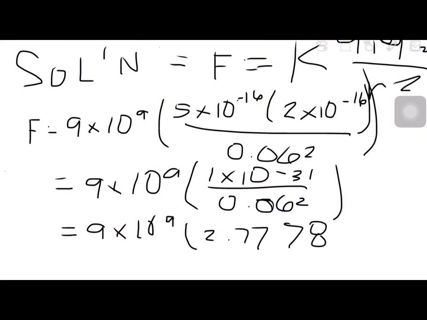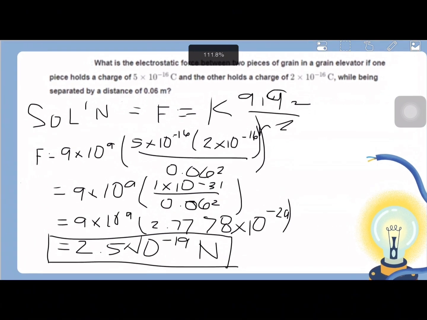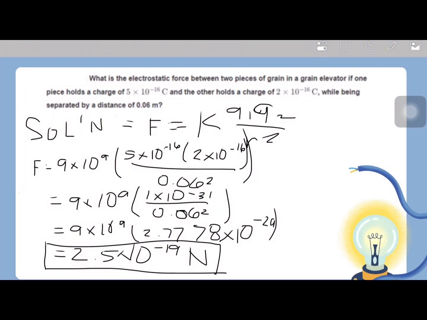I am using 4 decimal points for more accuracy. Times 10 to negative 29, which would equate to our final answer, 2.5 times 10 to the negative 19 newtons. So this is our final answer for number 1. It is relatively simple as we are always just substituting our own given formula, so it is very important for us to know the formula that is given.